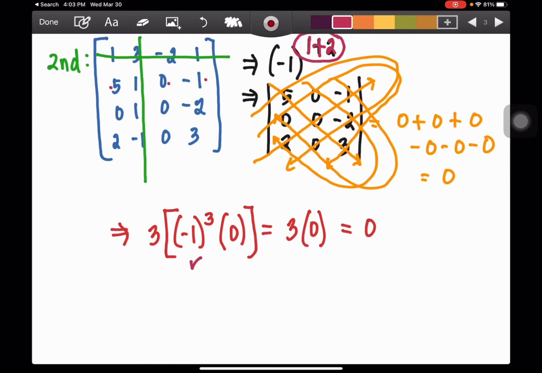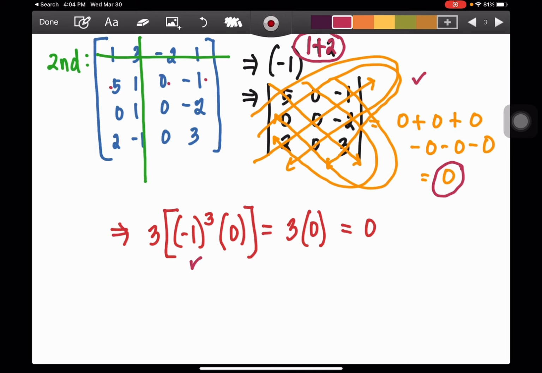So we have 5, 0, -1, 0, 0, -2, then 2, 0, -3. So the next thing that we're going to do is get the determinant of the 3x3 matrix. I hope in this case you can review your procedure in getting the determinant of a 3x3 matrix. So the result after getting the determinant of this 3x3 matrix is equal to 0.